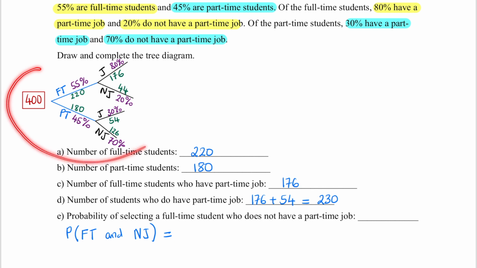From this tree diagram, the number of full-time students with no job is 44. So the probability is 44 over 400. And 44 divided by 400 is 0.11.